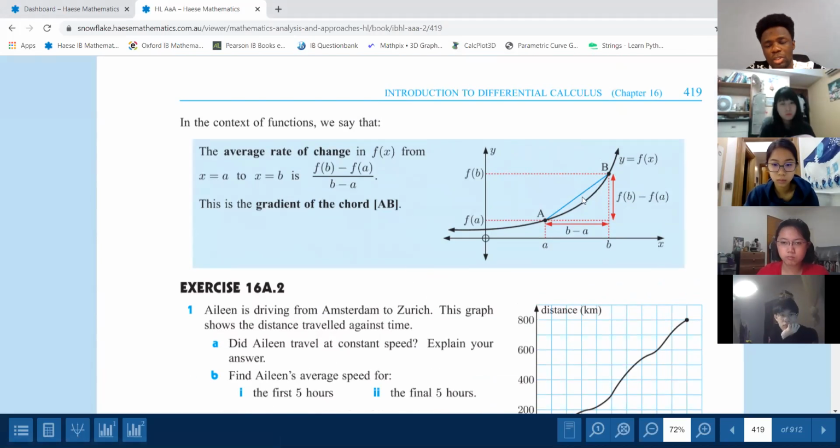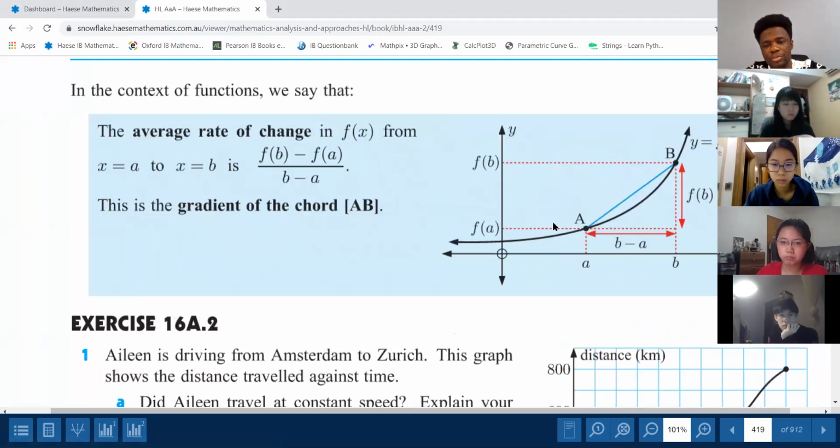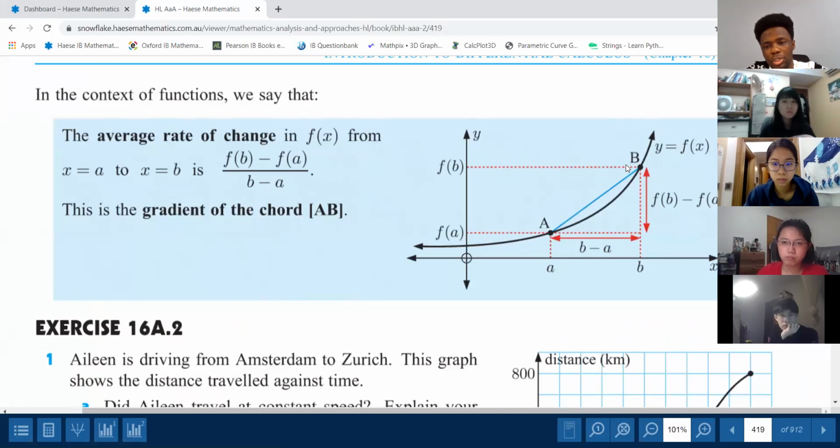So you can see the chord AB, isn't it? So there's a gap between A and B, but this time around we call it A and A plus H, where the gap is H. Similarly, this gap will be the gap between F of A and F of A plus H, isn't it?